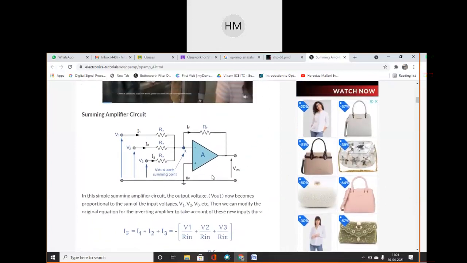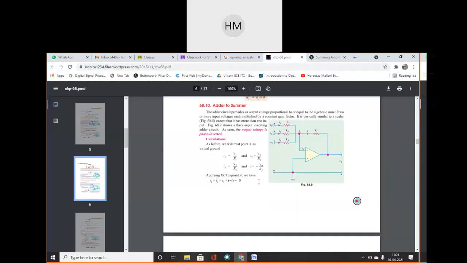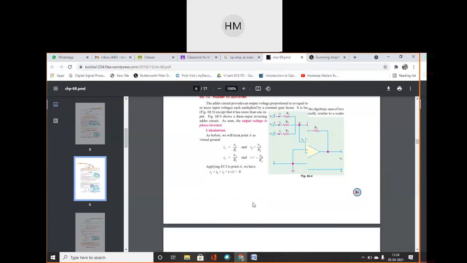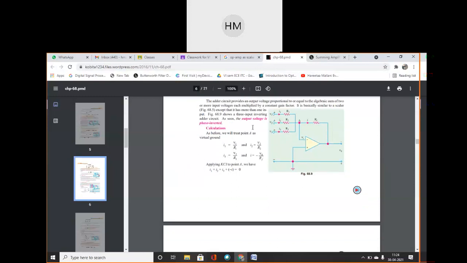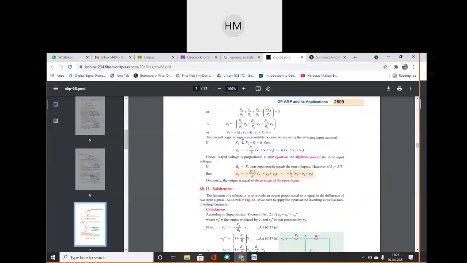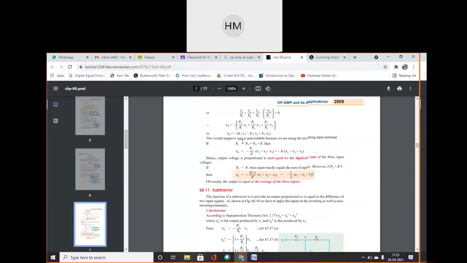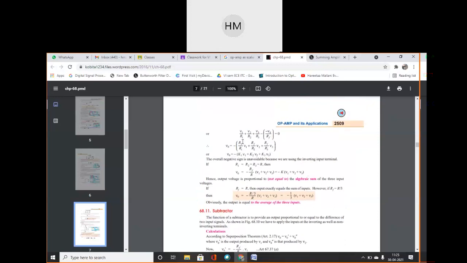Then in the next class, we will discuss the third experiment. Here everything is explained very nicely, how they are calculating, all the basic steps, applying KCL, KVL and everything.